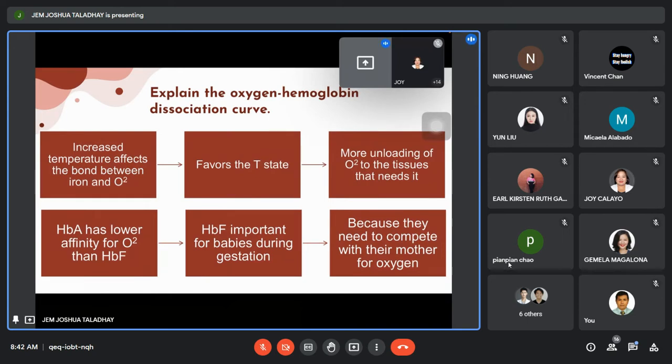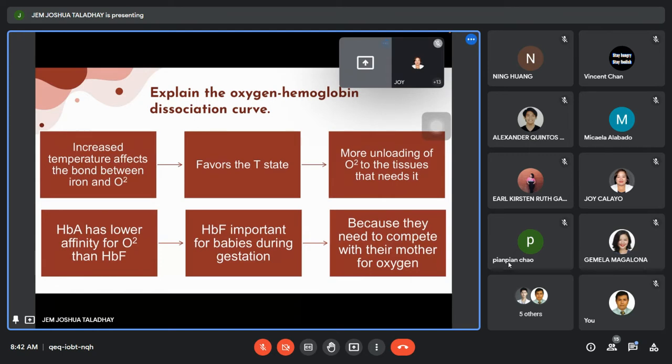Another factor is the type of hemoglobin. The type of hemoglobin present in the blood can also affect the shifting of the oxygen hemoglobin dissociation curve. For our example, we have hemoglobin A and fetal hemoglobin. Comparing the two, hemoglobin A has lower affinity for oxygen compared to fetal hemoglobin.